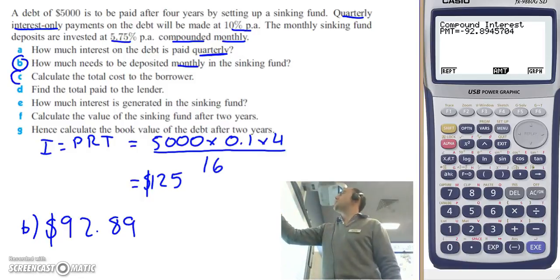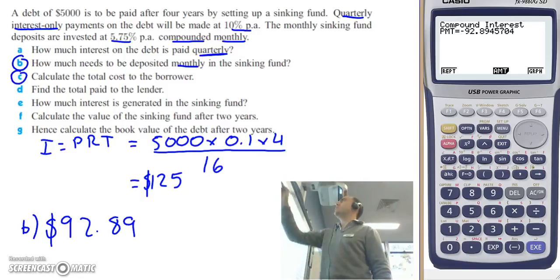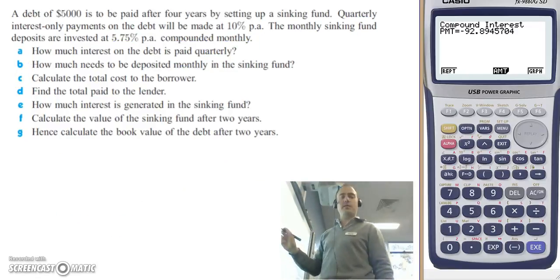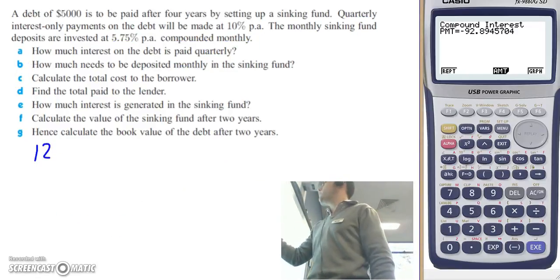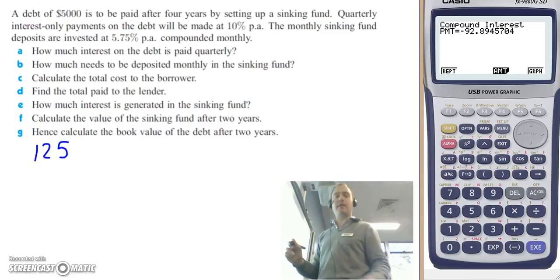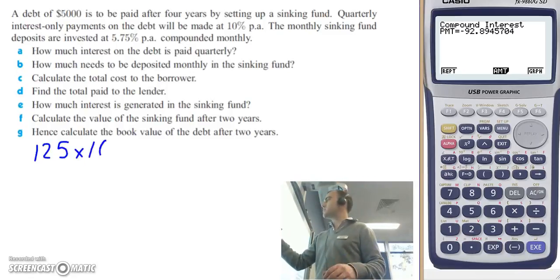Part C is to calculate the total cost to the borrower, so we might come over the page for this one. So to the borrower we had $125, which we paid back quarterly, so we did that 16 times.